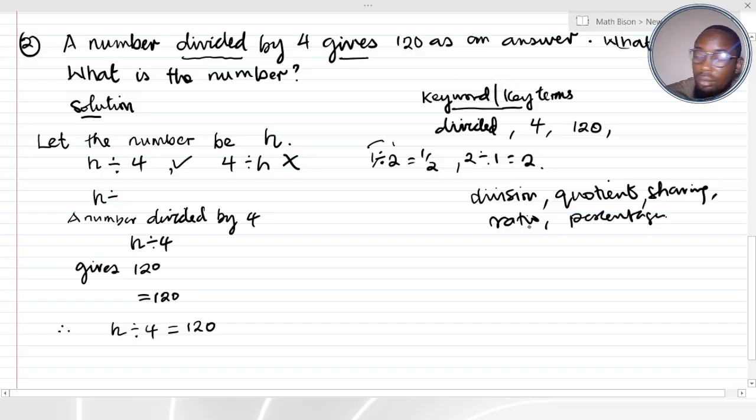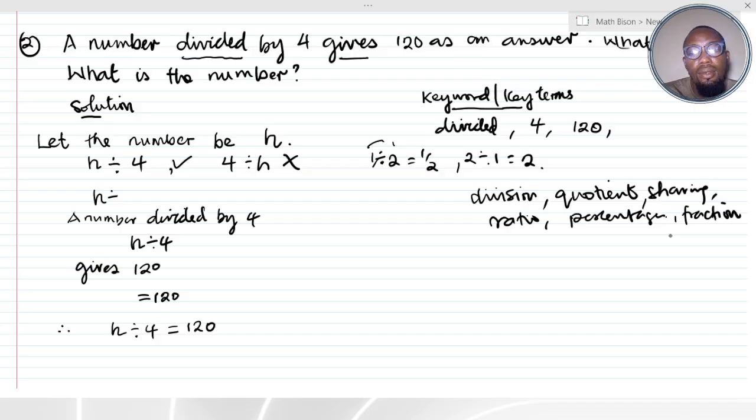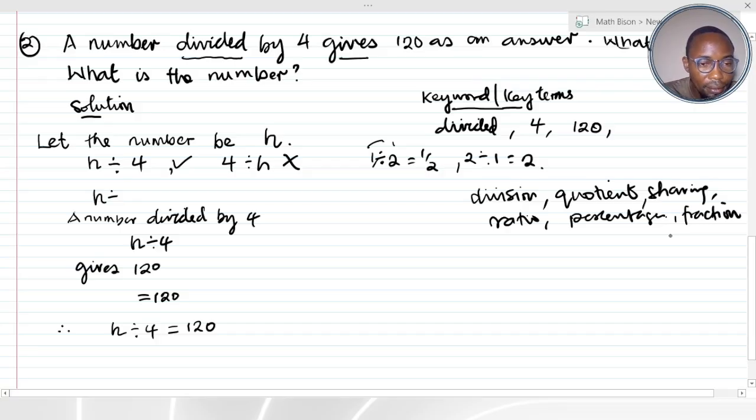Okay, let me say fraction. Fraction, yes. So, h divided by 4 equals 120. How do we solve from here? We can rewrite and say h over 4 equals 120, then divided by 1.